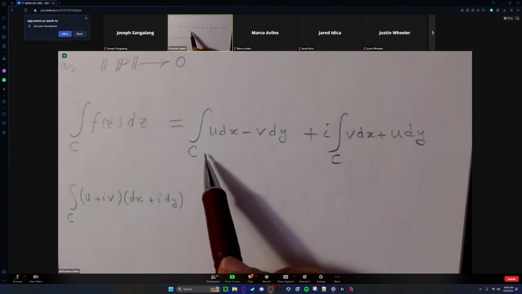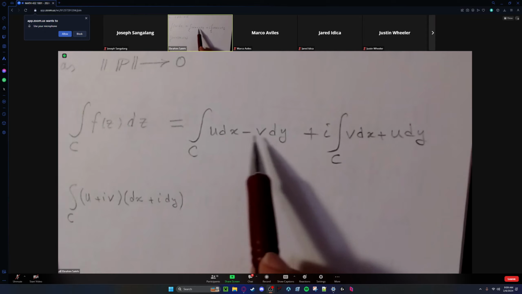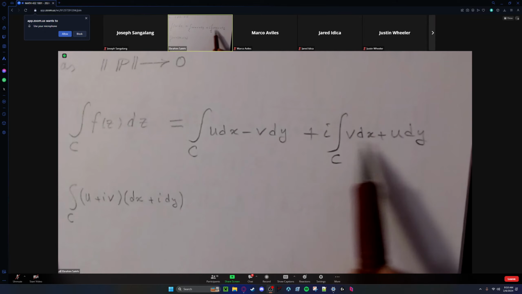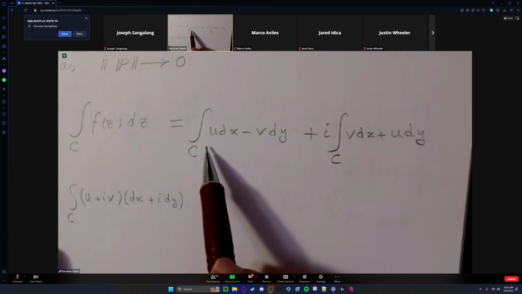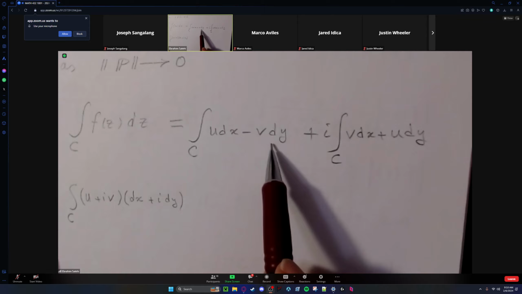The advantage of having this is it goes to calculus 3, because u is a function of two variables, v is a function of two variables, all right? Same thing here. And we can use those facts that we learned in calculus, right?